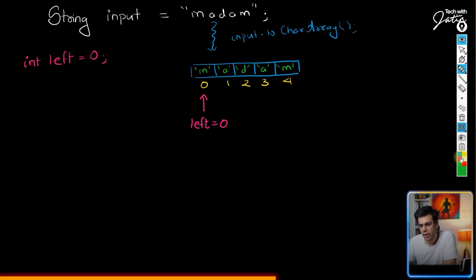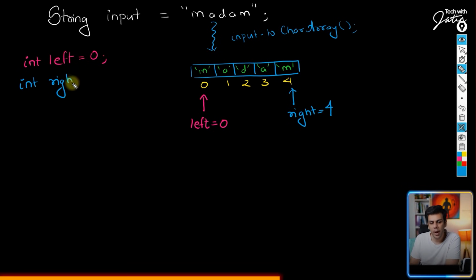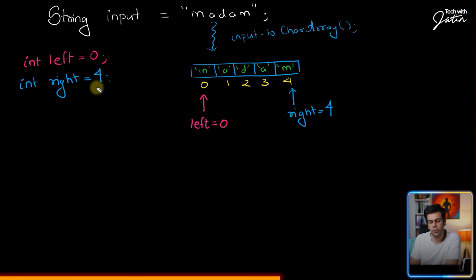Then we will be having another pointer, and this is going to be called right. And right is going to be initialized with 4, the last element inside our array. Now I can say int right is going to be equal to 4.